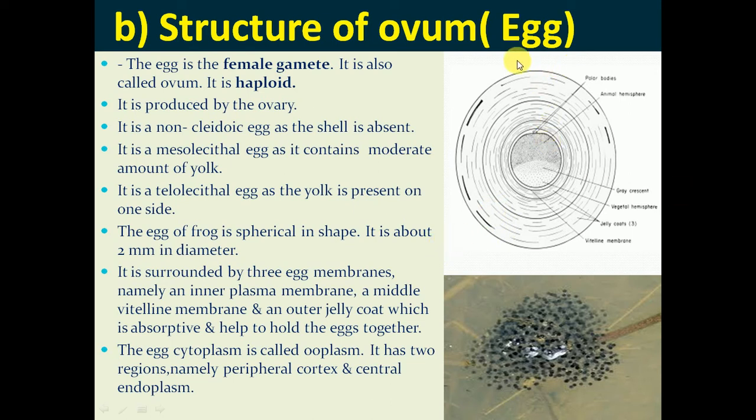This is the structure of a single egg, and many eggs are shed at a time, which is known as the spawn. When many eggs are shed at one time and held together by the jelly coat, that structure is known as the spawn.